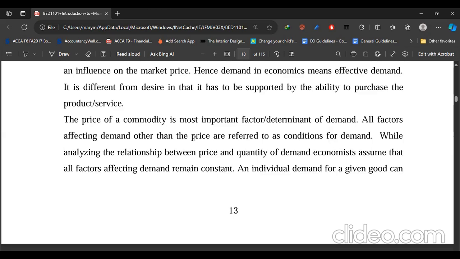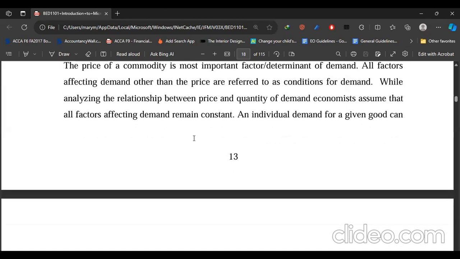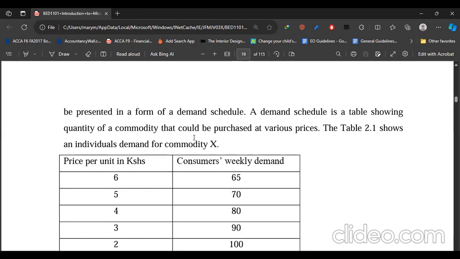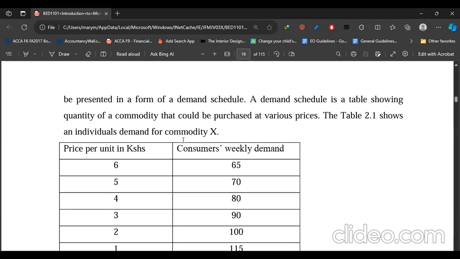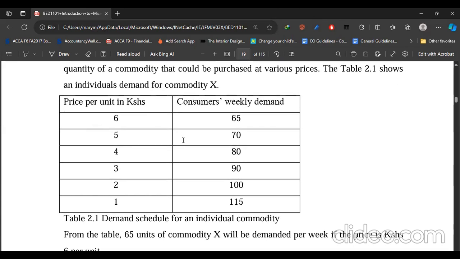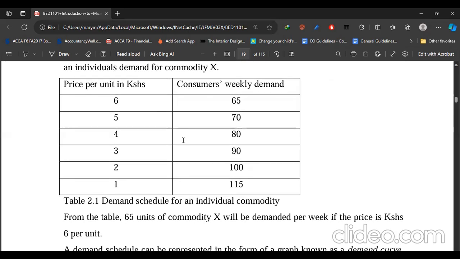An individual demand for a given good can be represented in the form of a demand schedule. A demand schedule is a table showing the quantity of a commodity that can be purchased at various prices. Can you see? As the price of the product continues decreasing, the consumer's weekly demand continues increasing. And that is the case.